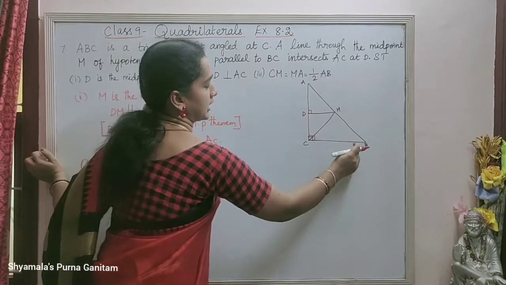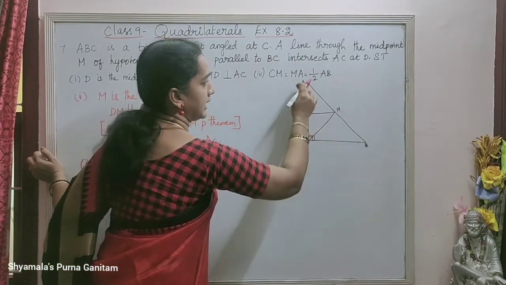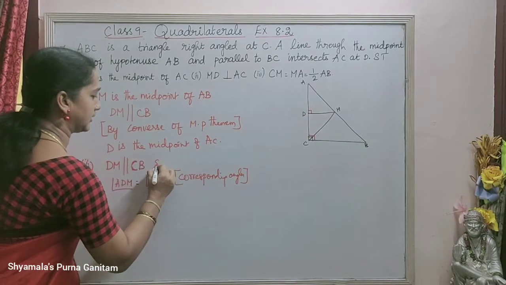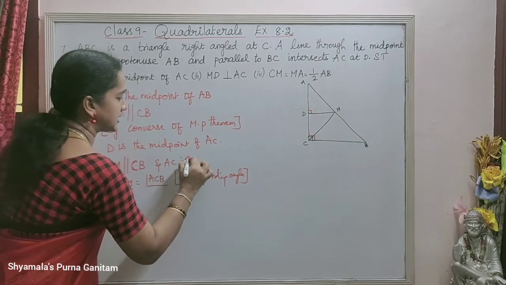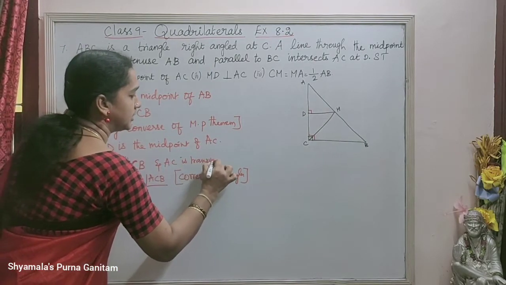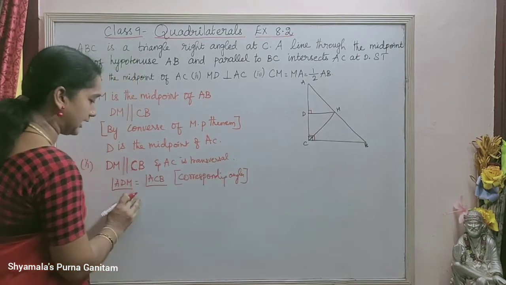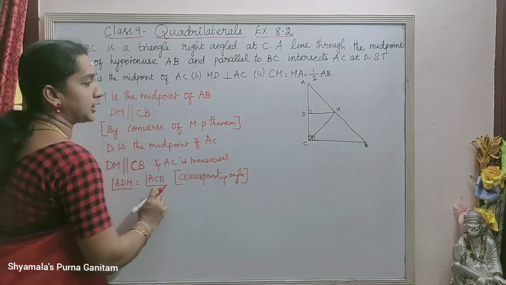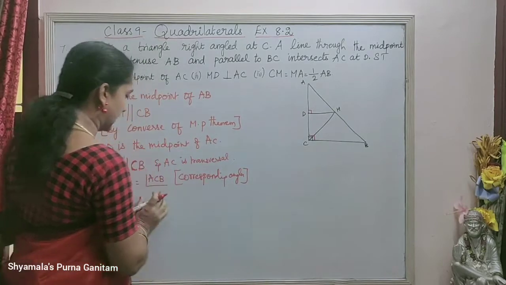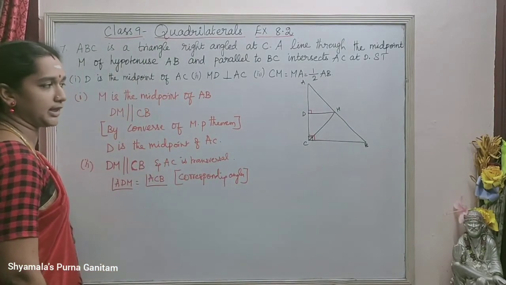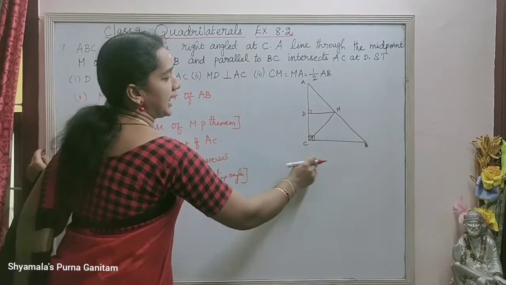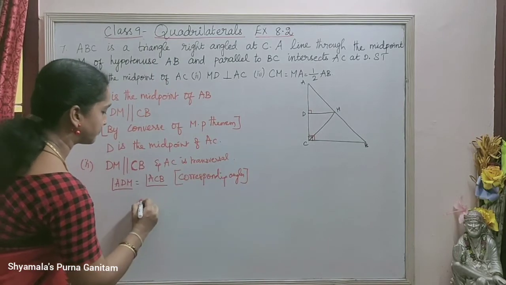So these two will be the parallel lines, and AC is transversal. So for this one we will get corresponding angles equal. That is ADM is equal to ACB. These two are equal corresponding angles. We know that ACB is equal to 90 degree.